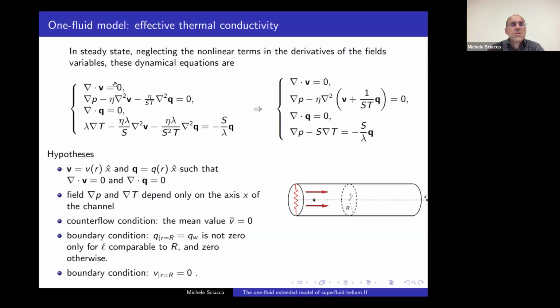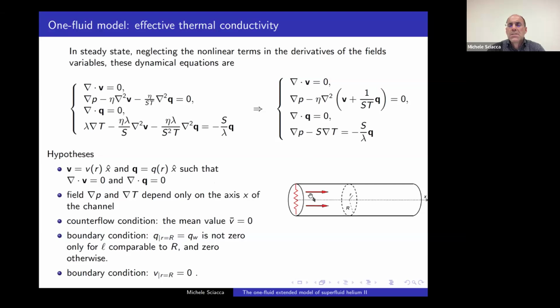The first equation is the density equation, which leads to the divergence of V equals 0. The third equation, the equation of energy, in the steady state leads to the divergence of Q equals 0. The momentum equation and the equation of heat flux lead to these two equations, and this is the simplified form of this equation.